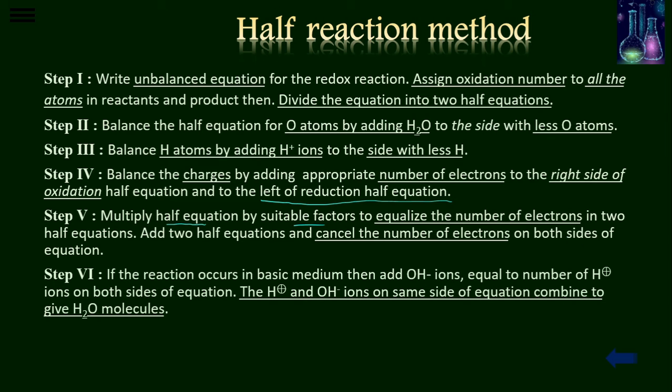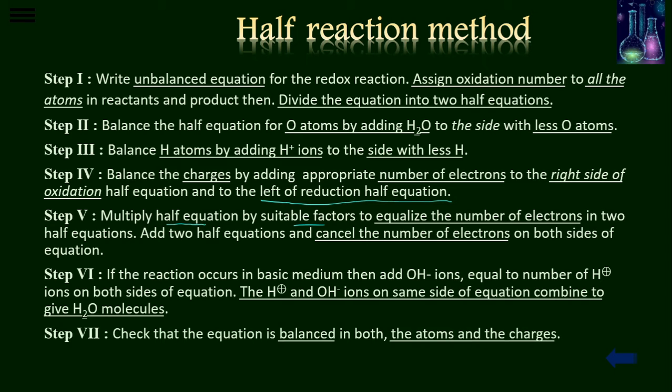Step 6. If the reaction occurs in basic medium, then add OH minus ions equal to the number of H plus ions on both sides of the equation. Then the H plus and OH minus ions on the same side of the equation combine to give water molecules. And the last step, Step 7, check that the equation is balanced in both atoms and charges.